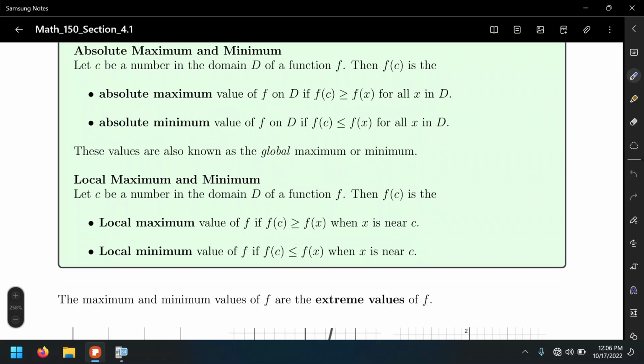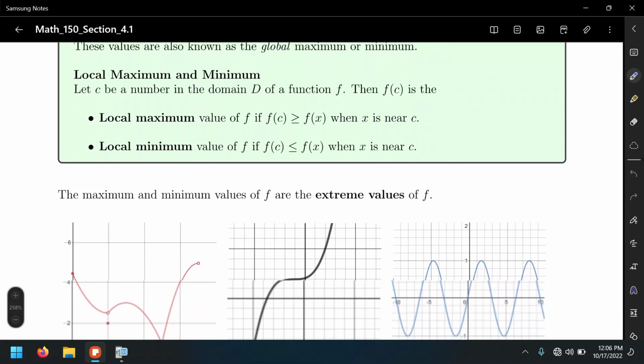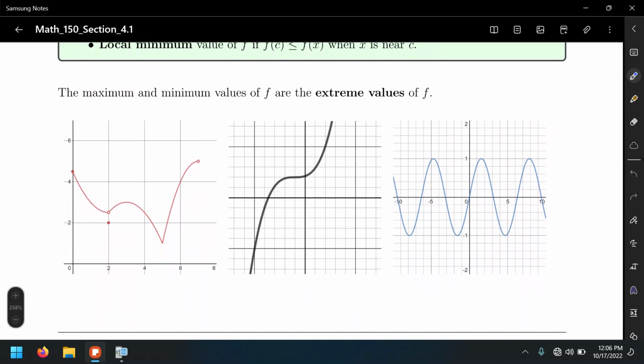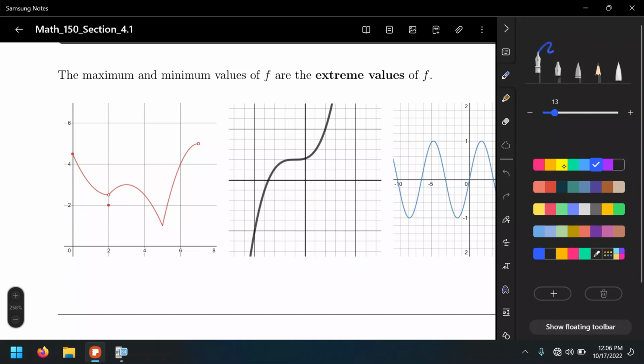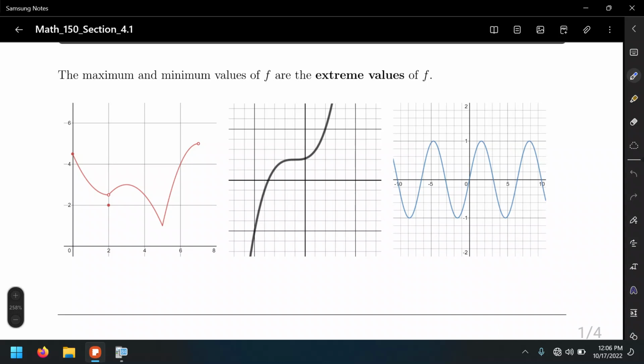So let's have a look at some graphs. Okay, so suppose we have this graph right here. Let's identify the maximum values for now. Well, notice this function has a few maximums, and they're defined on a closed interval, not on an open interval. So let's circle those maximums. This is one of the highest points on the graph.